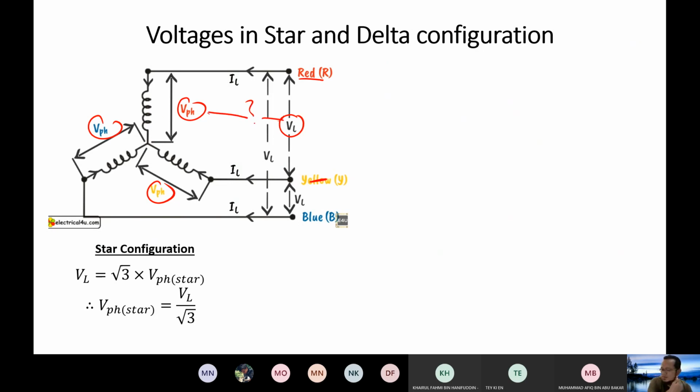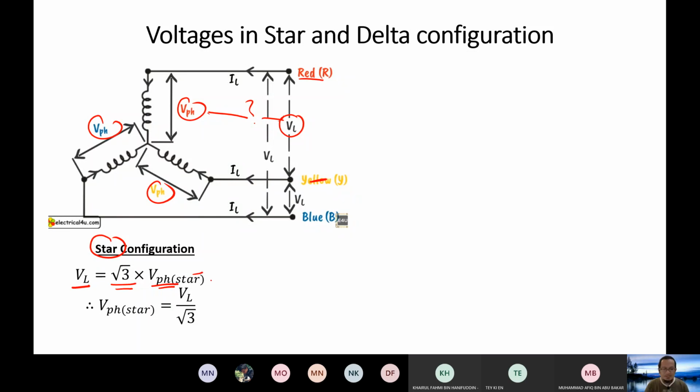To simplify, for the sake of this lab, we are not going to discuss the theoretical calculation of how we derive the relationship. For now, it's enough for you to remember that for star configuration, the line voltage is square root of 3 multiplied by the phase voltage.